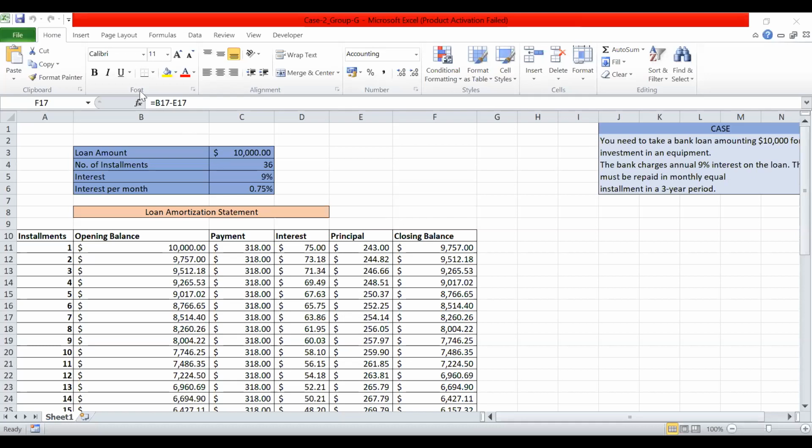So, delete the month one opening balance to closing balance. Now do it.